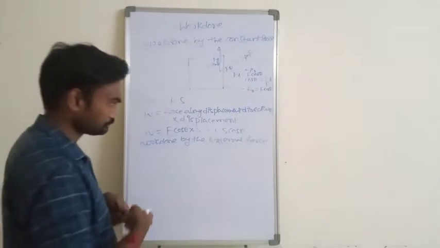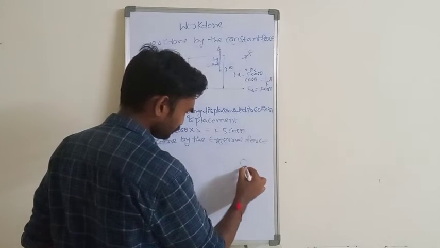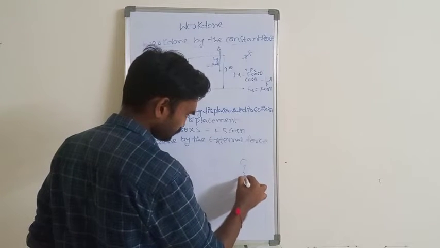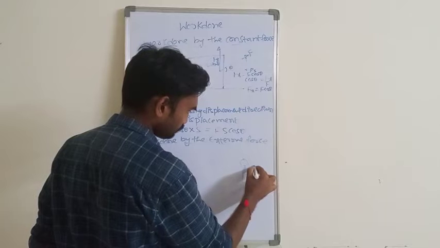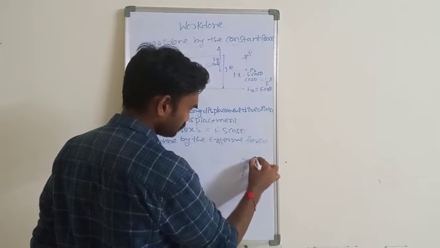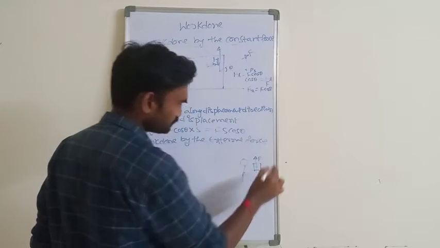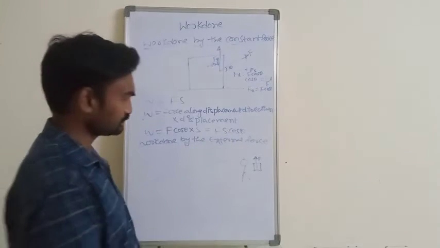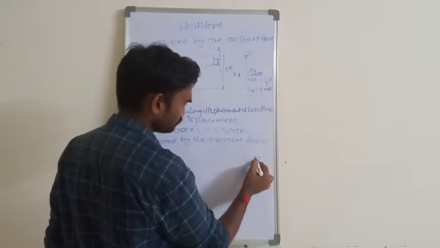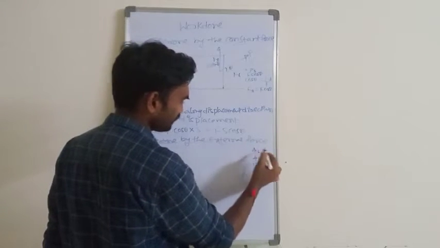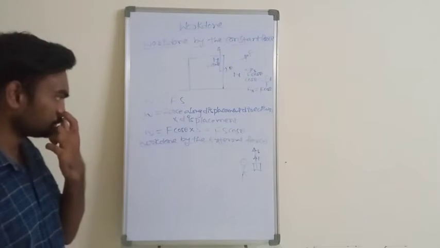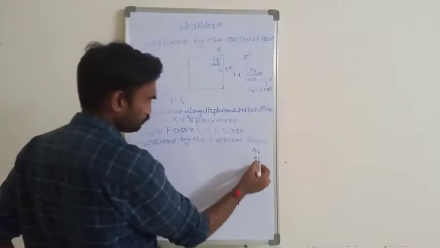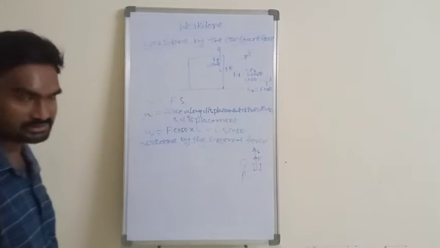Suppose I am lifting this block in the upward direction. The force is acting upward and the object also moves upward, right? So in this scenario, both force and displacement are in the same direction.